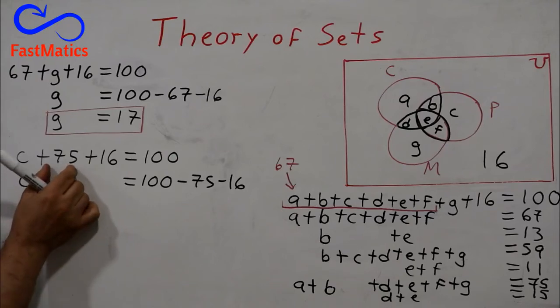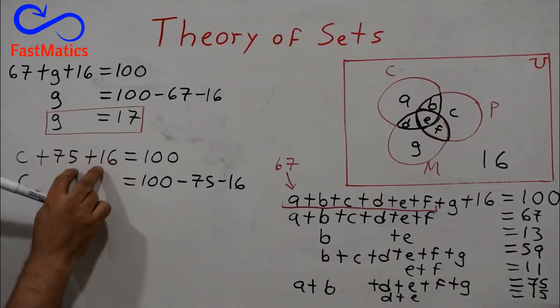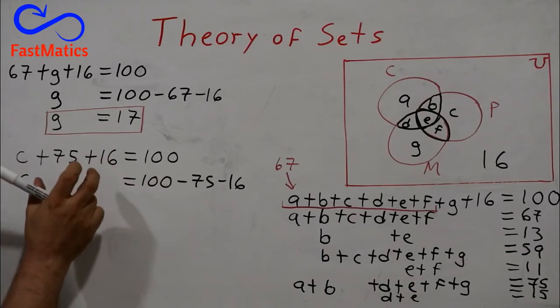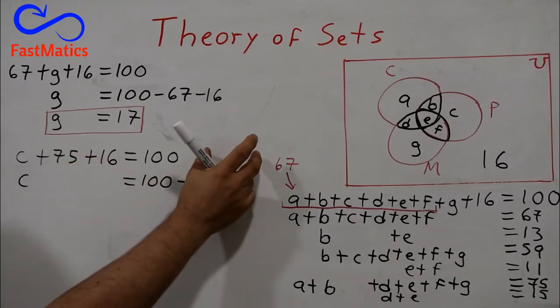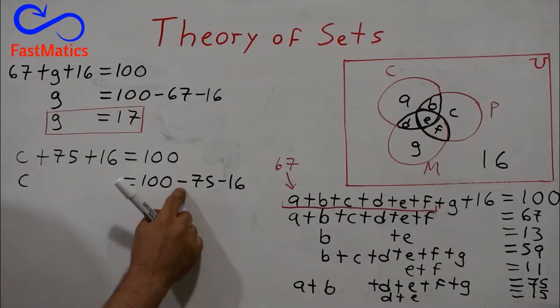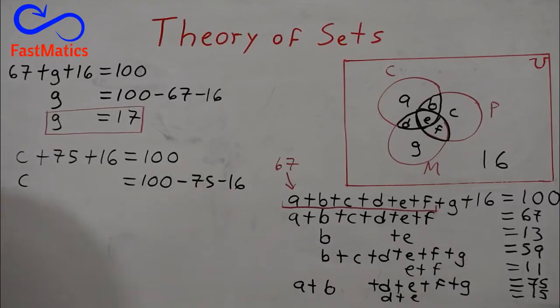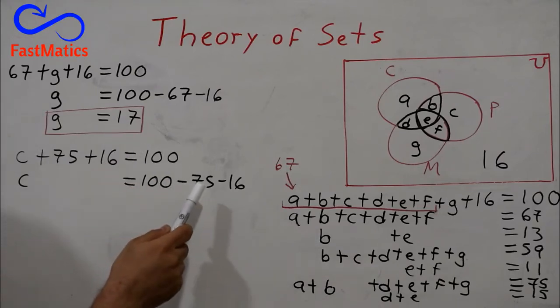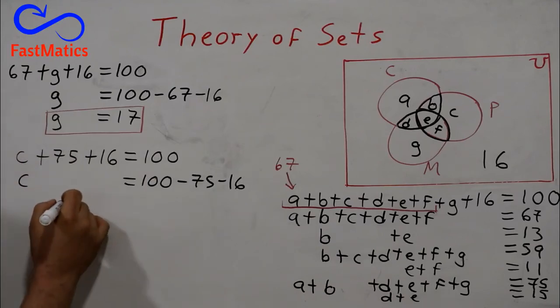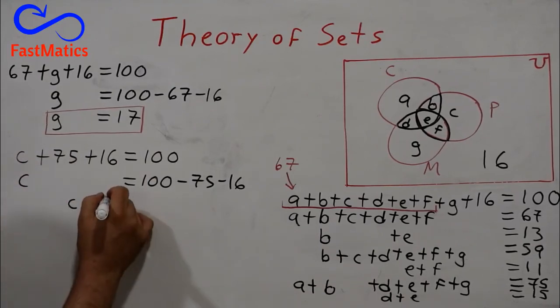Remember that you move the numbers, but instead of writing plus 75 plus 16, you move those numbers to the other side, and you're gonna write 100 negative 75 negative 16. Then 100 minus 75 minus 16 is equal to 9.